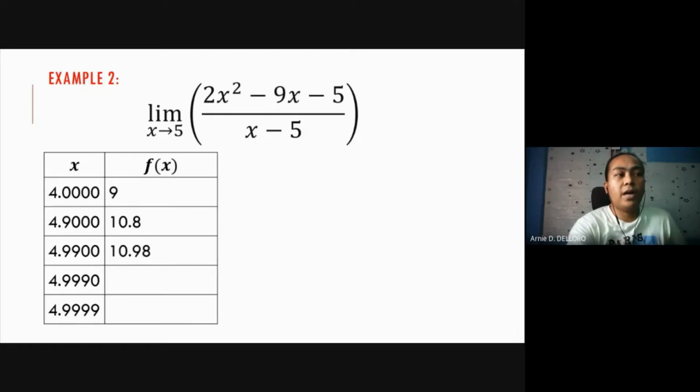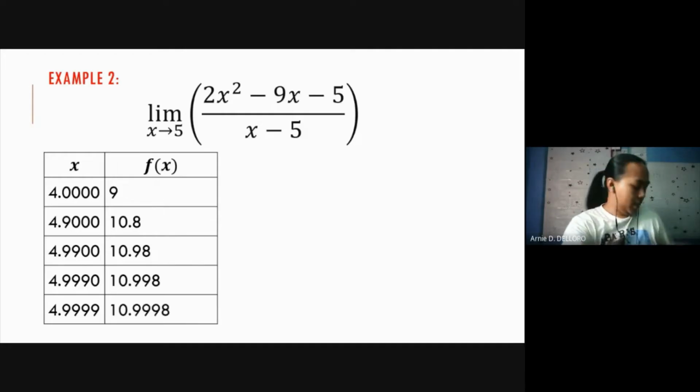If the value of x is 4.99, the value of the function is 10.998. And lastly, if the value of x is 4.9999, the value of the function is equal to 10.9998. Okay? So meron na kayong idea kung ano yung value na ina-approach ng ating function.